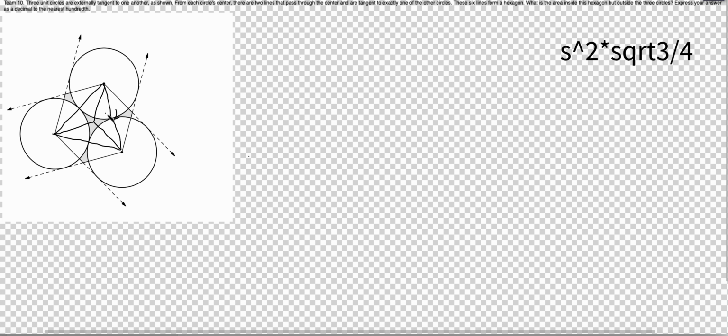These parts are identical, and this region as a whole would be a third of the whole hexagon, right? Using this evidence, we can conclude that this is half of the whole hexagon. So now we know that the area of the whole hexagon is 2 root 3.